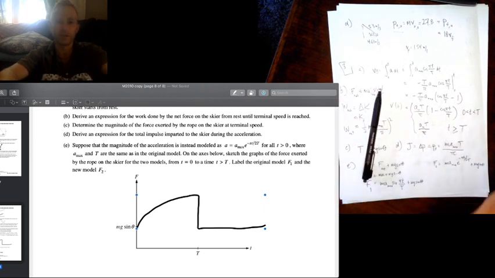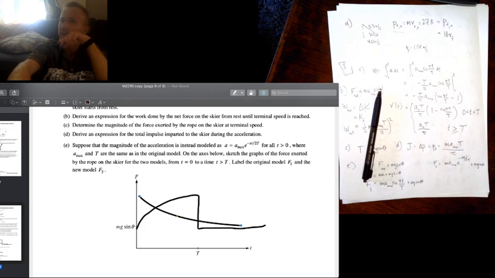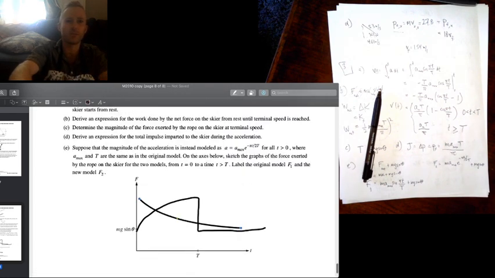So this one is going to have some kind of an exponential decay like this. Like that. Okay? So that's what those graphs are going to look like. Wonderful.